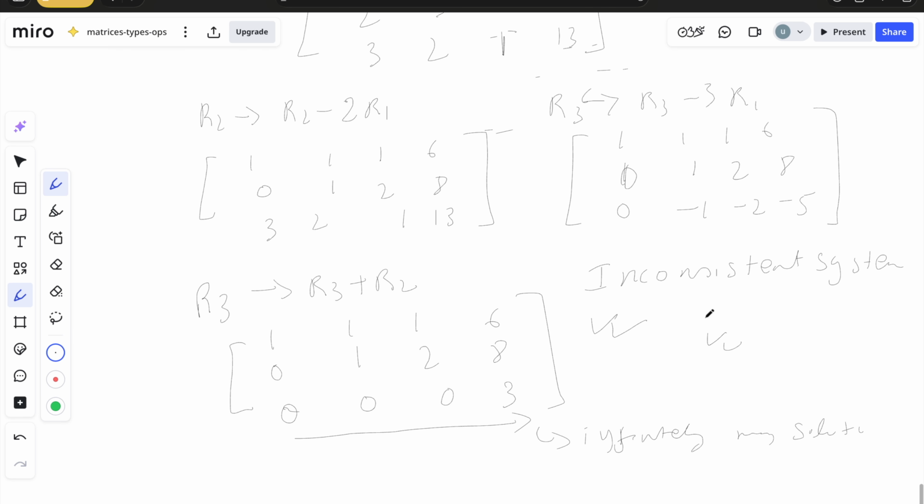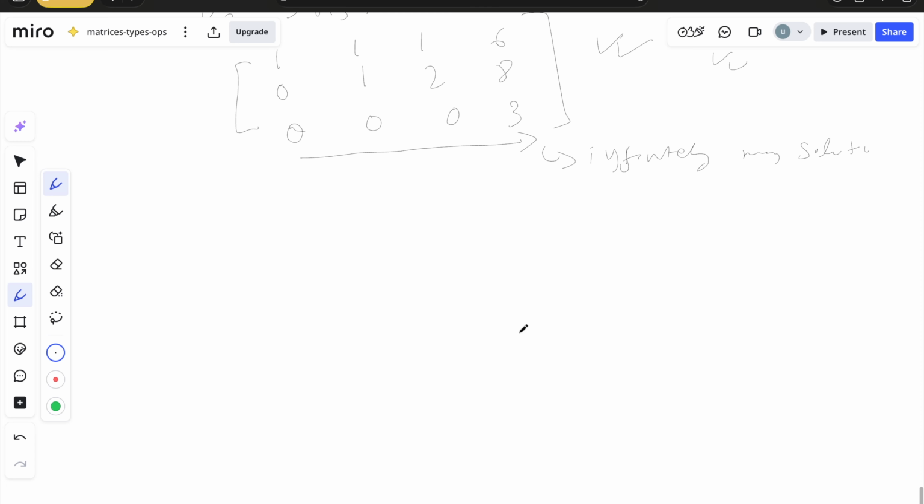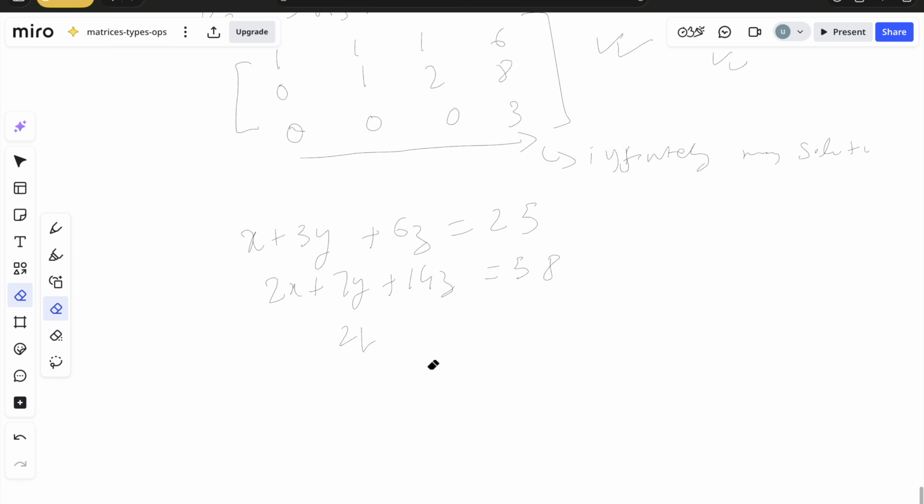Now let's consider a system of linear equations where we have a unique solution. Let's consider this system of equations: x plus 3y plus 6z is equal to 25, 2x plus 7y plus 14z is equal to 58, and 2y plus 5z is equal to 19.